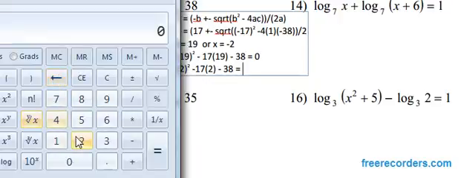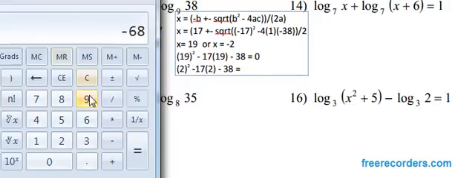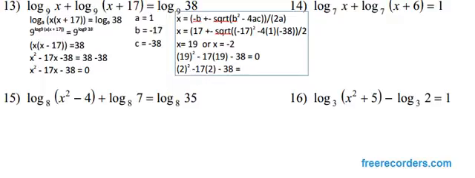So 2 squared minus 17 times 2 minus 38. That does not equal 0 because I needed negative 2. So that will change our problem.